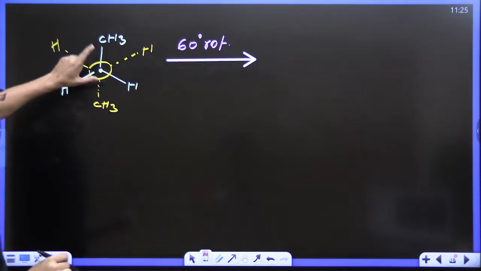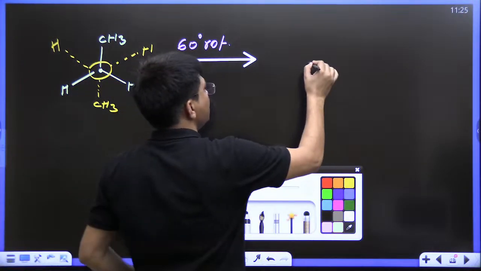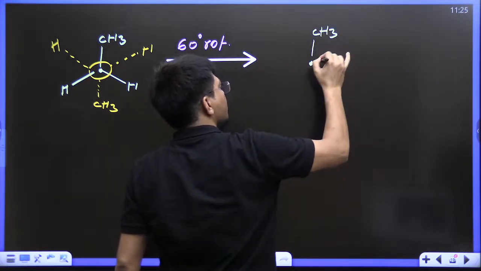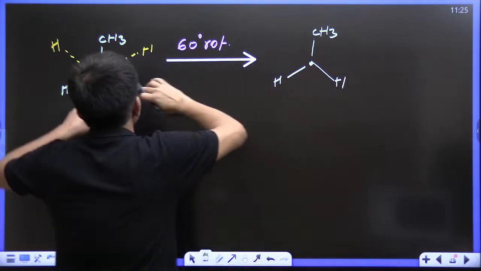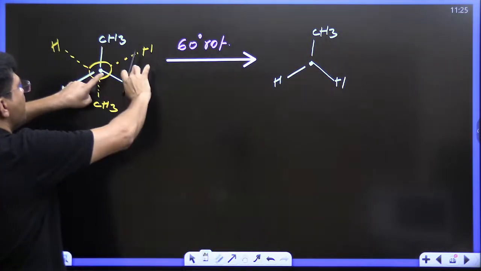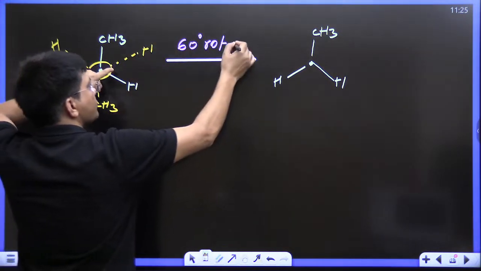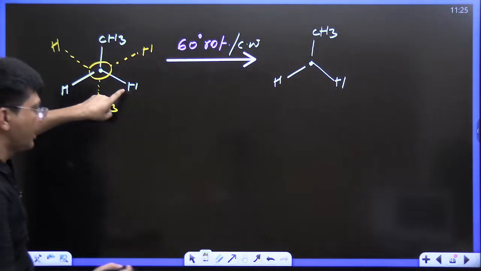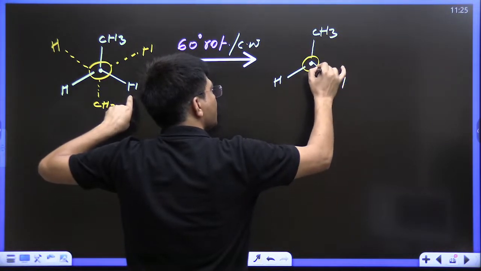Let us suppose the front carbon is like this only, and rotating the back carbon by 60 degrees clockwise, this hydrogen will collide with this hydrogen, so it will come over here.